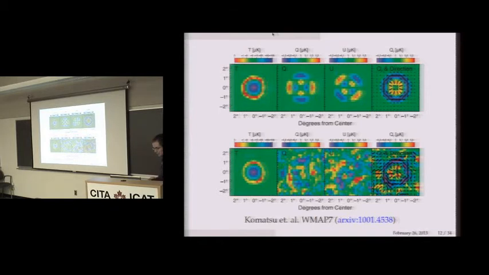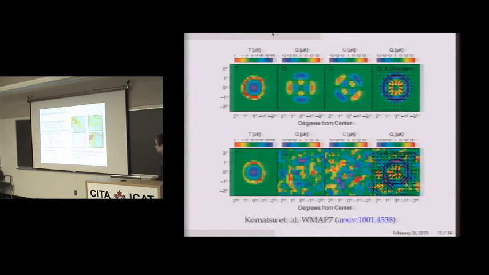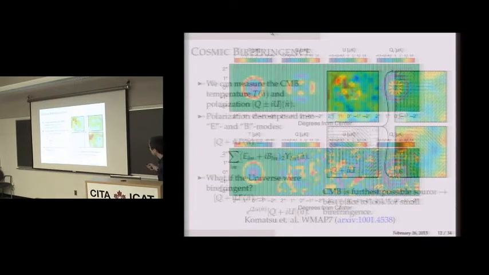So the best way to look for birefringence in something like the WMAP data turns out to be these correlations that we expect in the standard picture between temperature and this E-mode polarization.